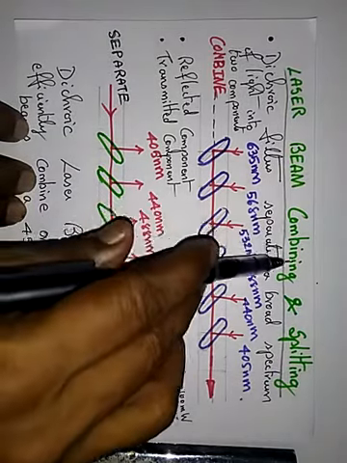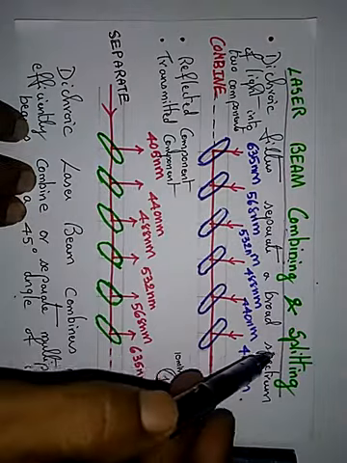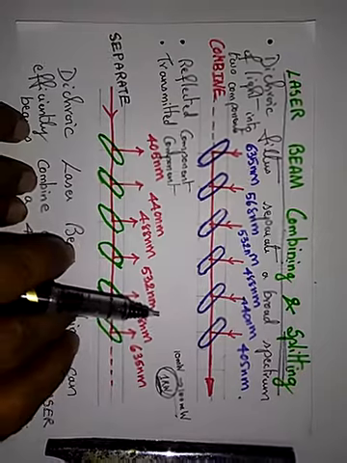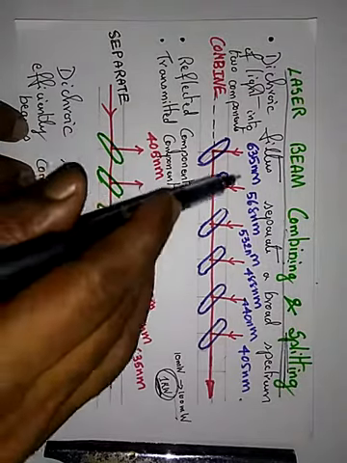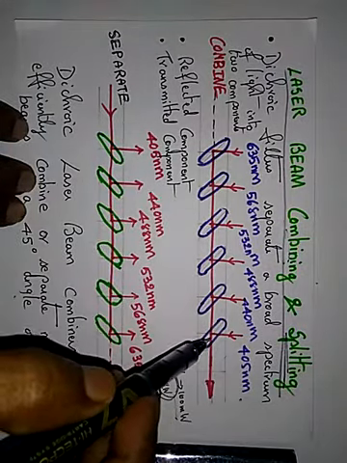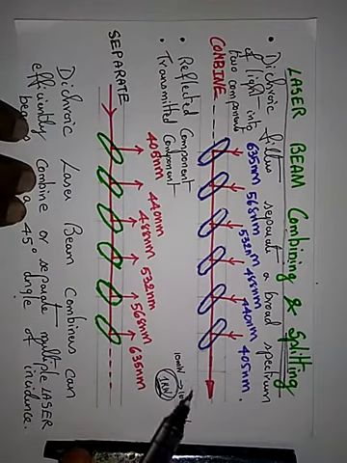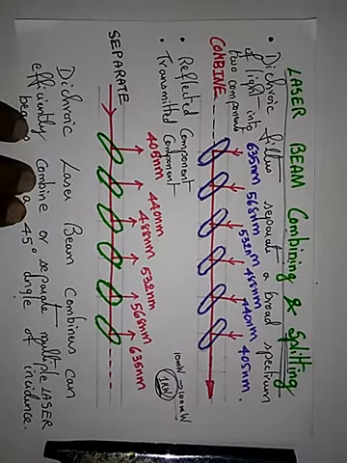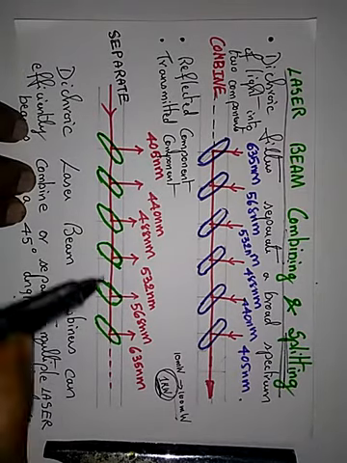Combining means we are adding the power, and splitting means dividing the power of the same wavelength. The other aspect is we can combine different wavelengths in a common channel, and later it can be split up into individual wavelengths. So these are the important points we have to see.